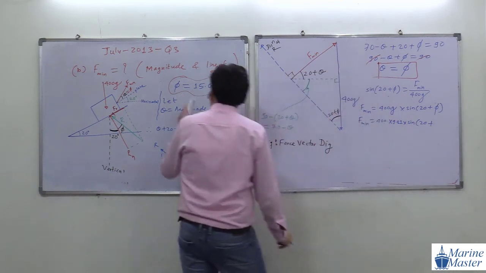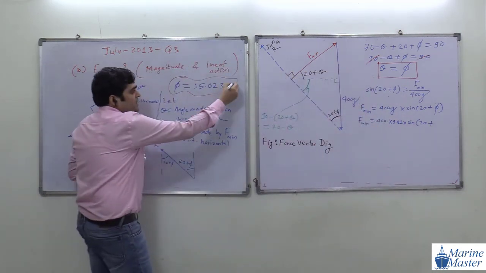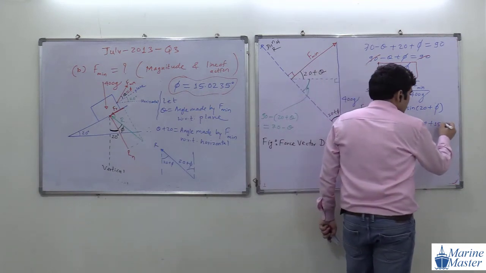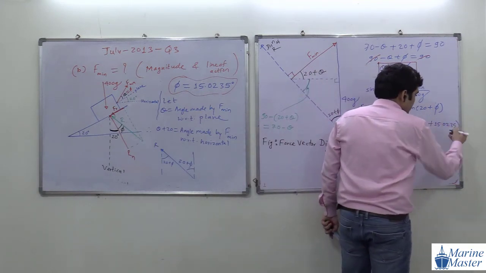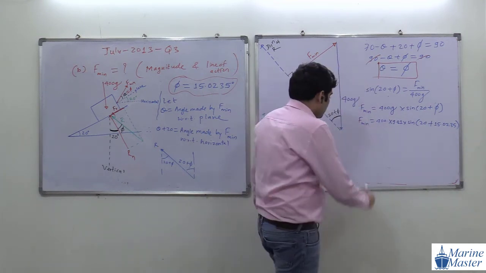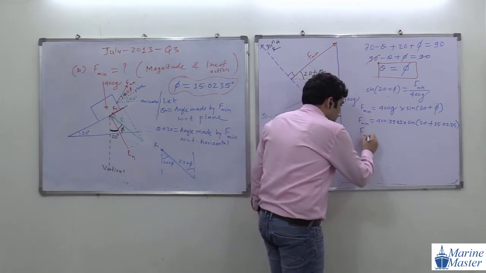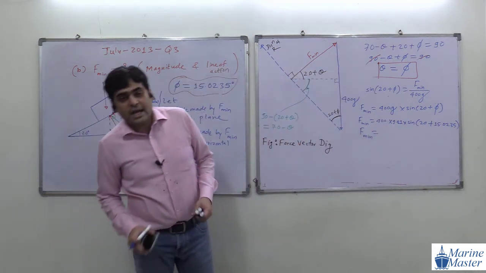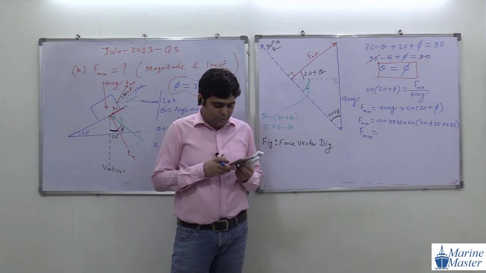The value of phi is how much? 15.0235 degree. Check it once again in your notes. Everyone, please do the calculation and let me know the value of phi.